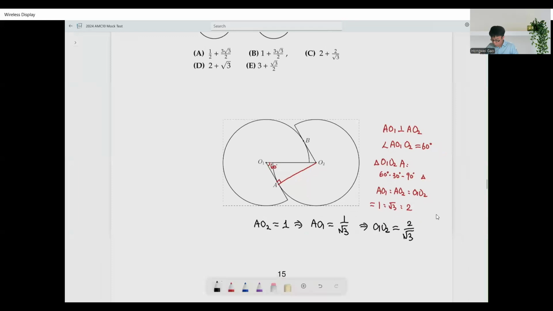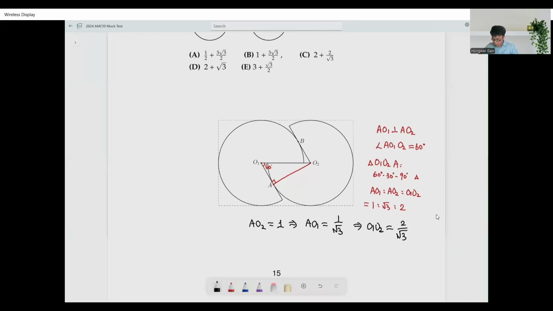Now we can find the total distance. The length L is basically 1 plus the distance between O1 and O2, plus another 1. So totally we have 2 plus 2 over root 3. That's the length of L.